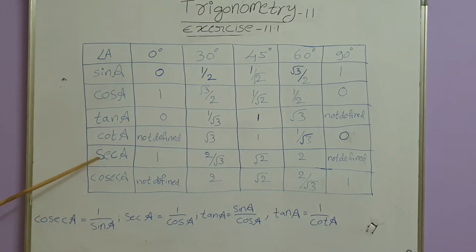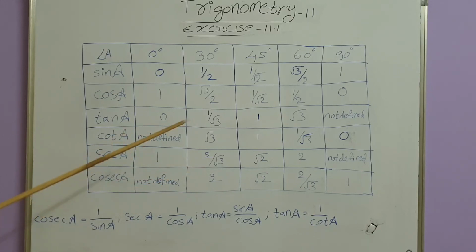Sec A, what is sec A? Sec A is equal to 1 by cos A. So, sec 0 degrees, 1 by 1, we get 1. Sec 30 degrees, 1 by root 3 by 2. This denominator goes to numerator. We get 2 by root 3.